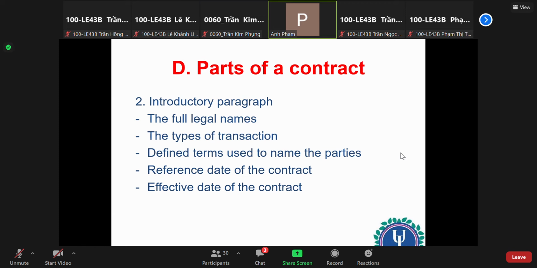The date the first party signed the contract, or the date the last party signed the contract, because they are from different countries, right? And you need to circulate the contract for them to sign, or they can sign in form of a counterpart. But what date?